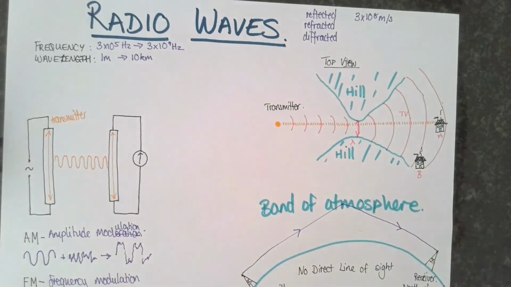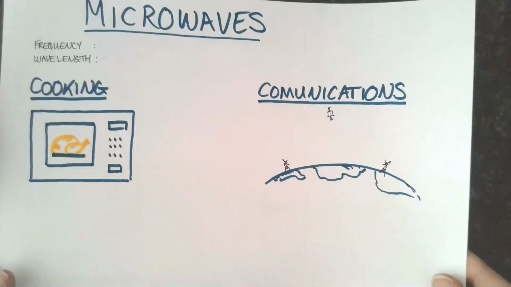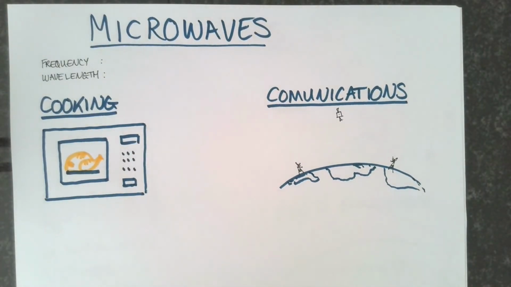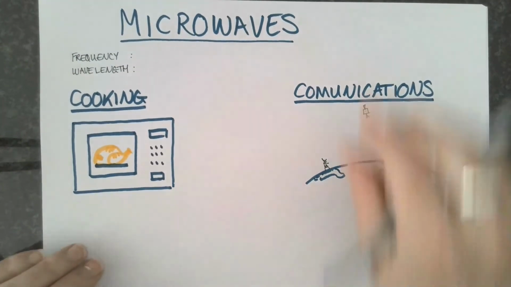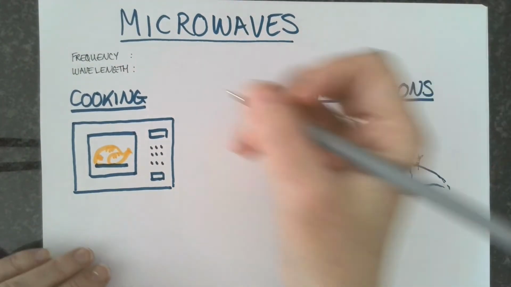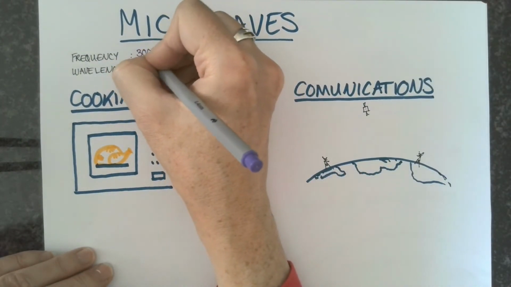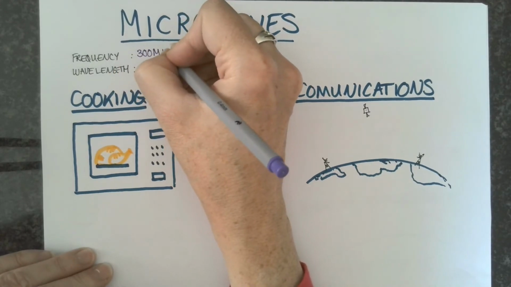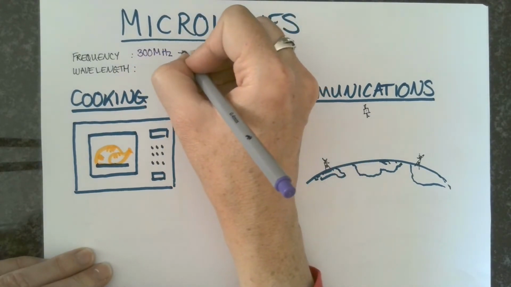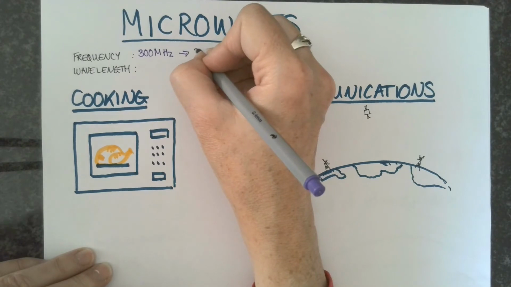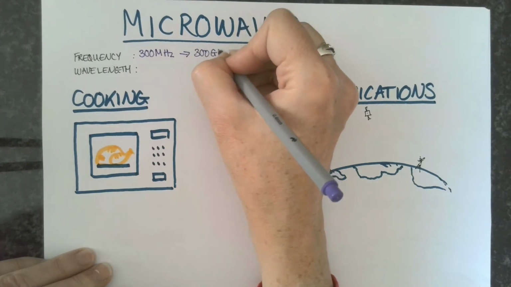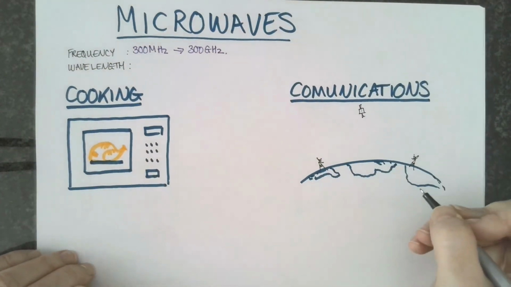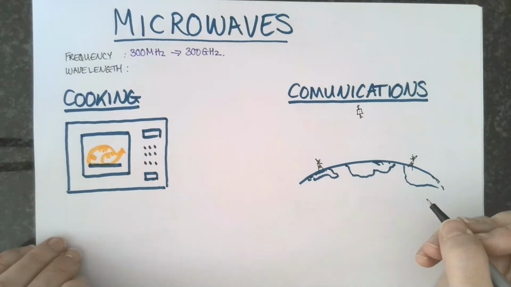So that's radio waves. Microwaves are a little different, but not very. So their frequency is, now I'm going to write this time with my prefixes, 300 megahertz to 300 gigahertz. So there's a little bit of overlap in terms of the wavelengths, microwaves and radio waves.